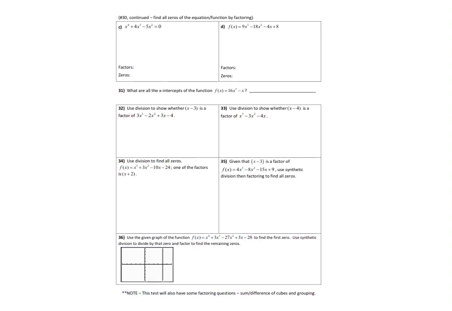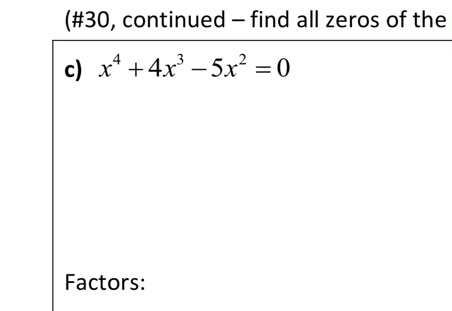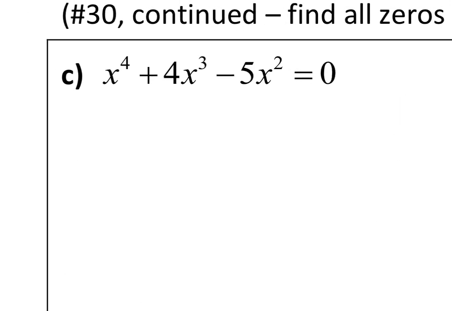So on the next page, 2 more problems that are solving a polynomial equation by factoring. So letter C is already all set equal to 0, and so you don't need to move anything to any other side of the equation. But when I look at this, I see that I have x to the 4th here, x to the 3rd here, and x squared there.